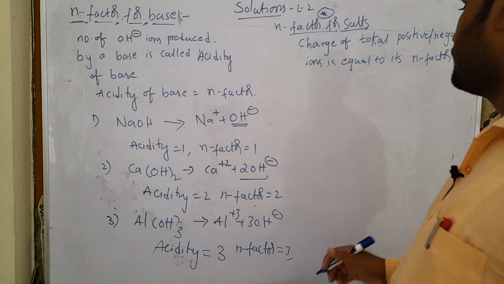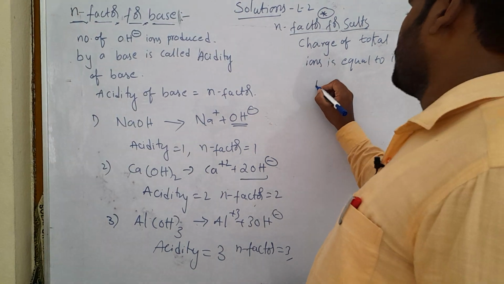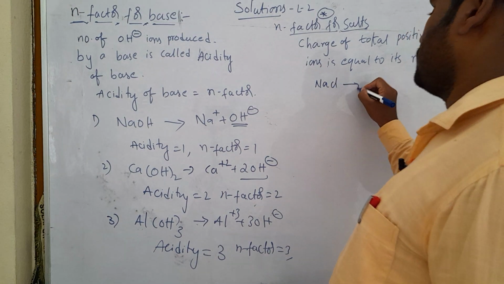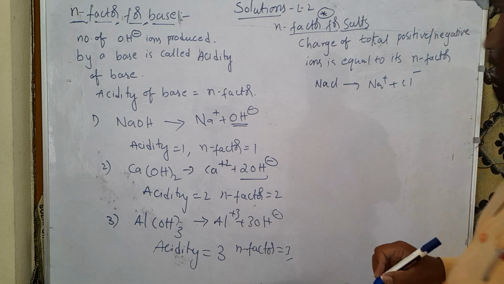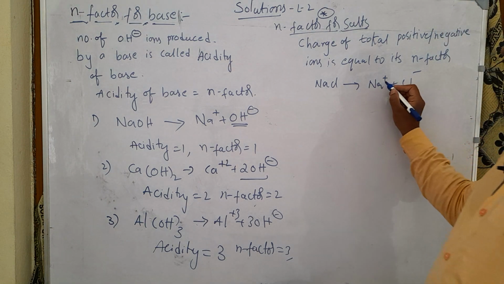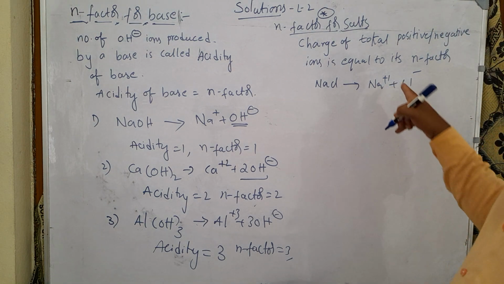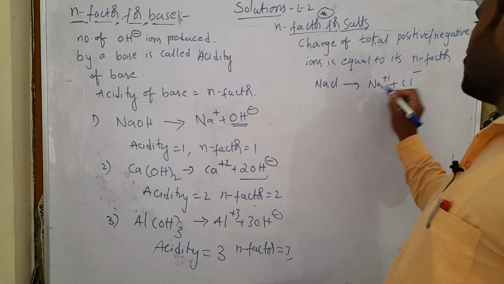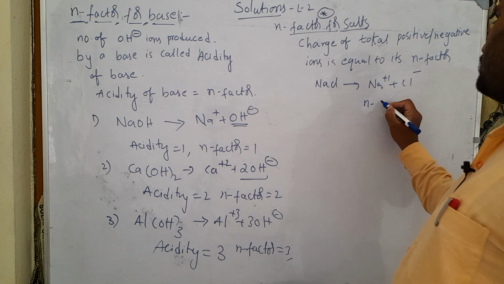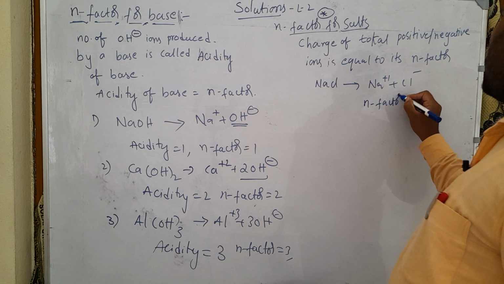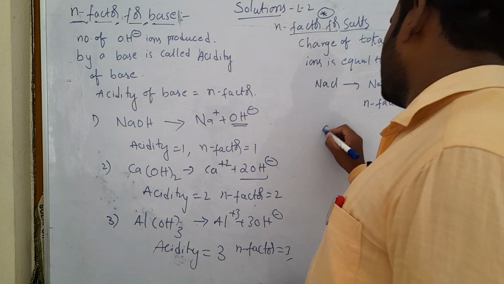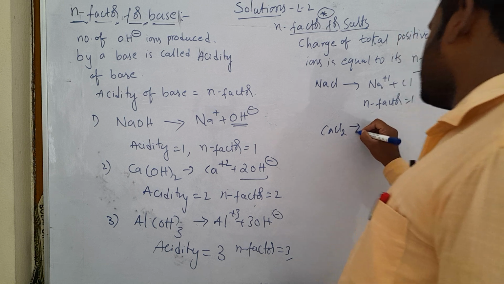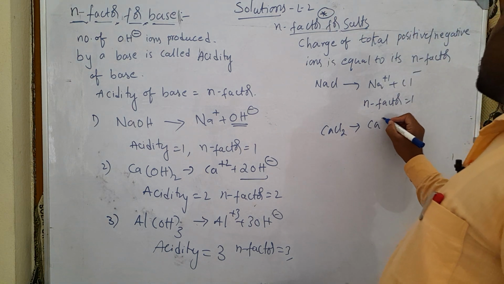For example, NaCl is a salt, formed as Na plus and Cl minus. How many positive charges are there? Only one positive charge and only one negative charge. So N factor is equal to 1. Next, CaCl2. CaCl2 comes as Ca 2 plus and 2 Cl minus. Here there is one calcium ion with charge plus 2.